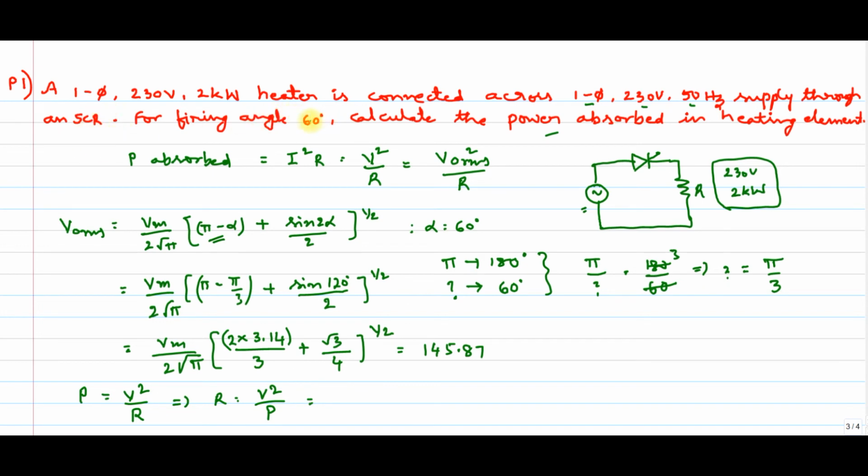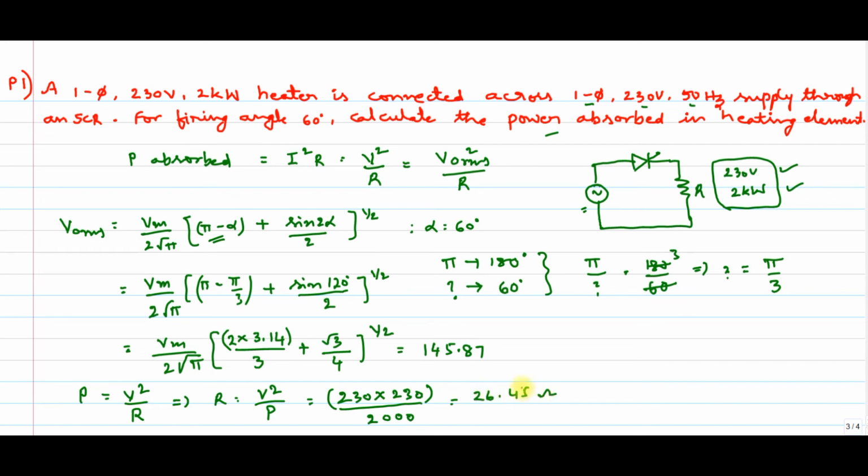So for resistance R, we have to substitute these values: 230 into 230, divided by power 2000. So it will come around 26.45 ohm. So Vo RMS is 145.87 volt.